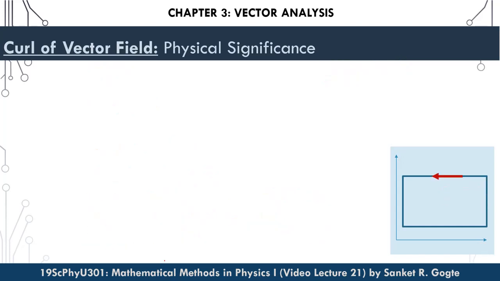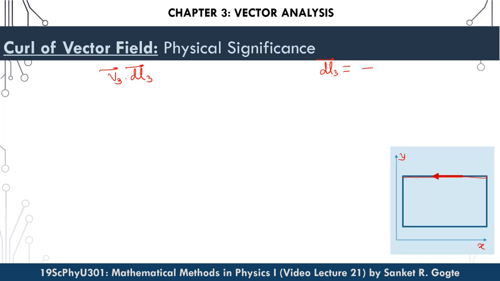Now let's consider the third dot product, v3 dot dl3, which is along this line of the rectangle. This is the x-axis, this is the y-axis. dl3 is minus dx into unit vector i, because it is now pointed along the negative x-axis.